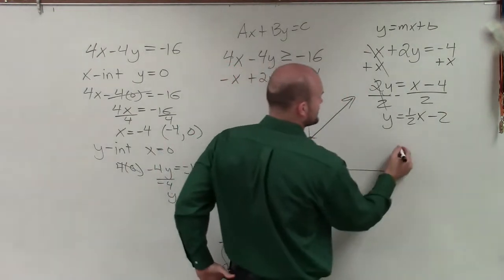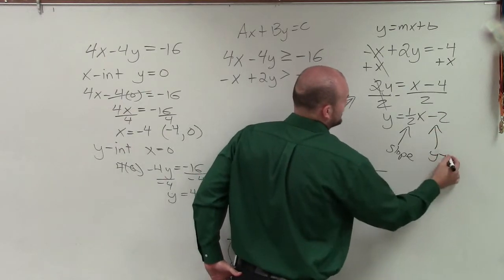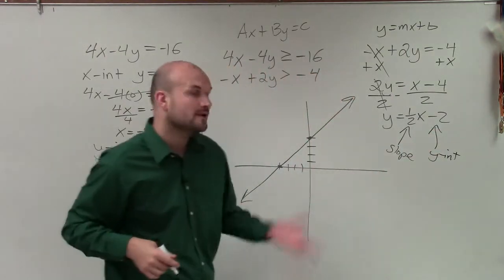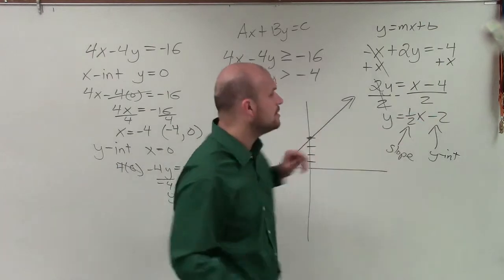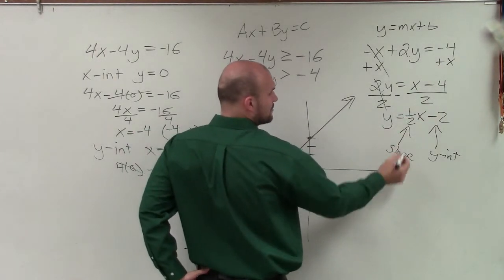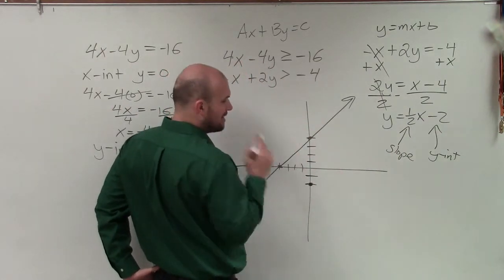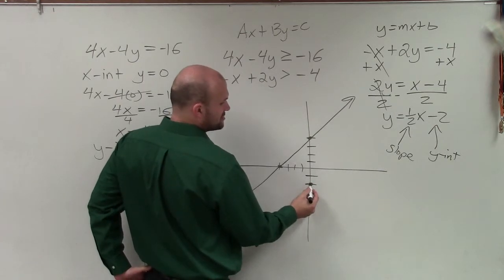Now, when we have it in slope-intercept form, we need to understand what the slope is as well as what the y-intercept is. When graphing in slope-intercept form, the first thing we do is plot our y-intercept, which is at negative 2, and then use our slope as a rise over run, or change in y over change in x, to find the next point. So this would be up.